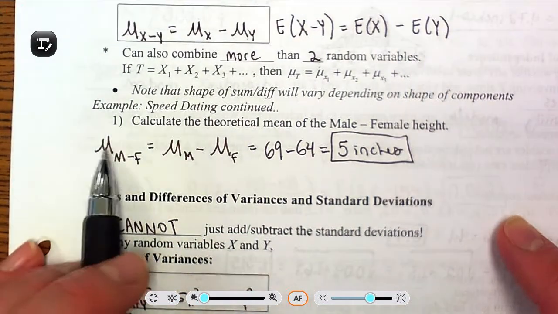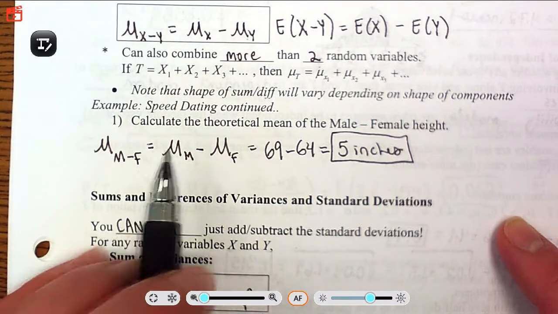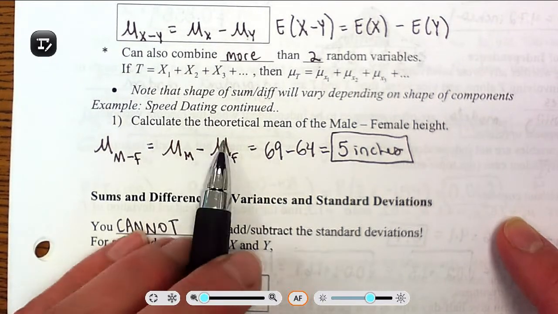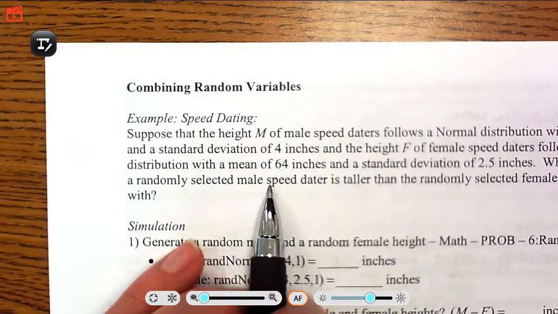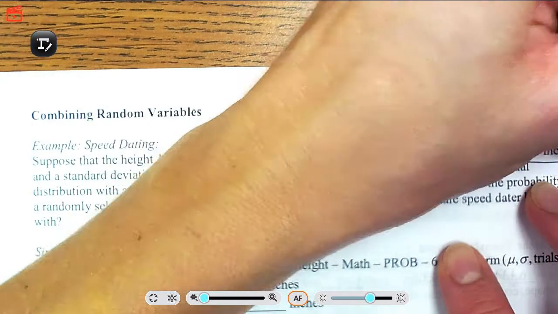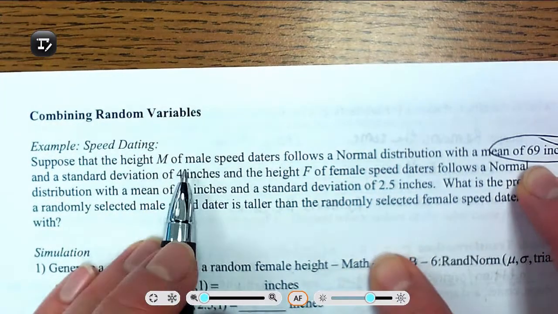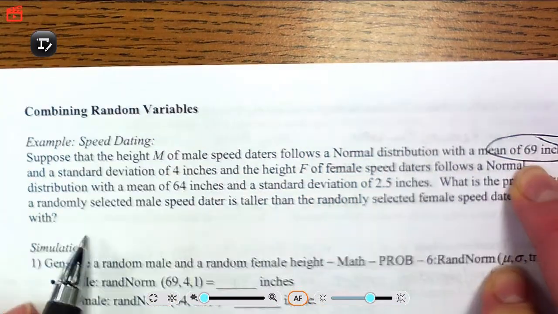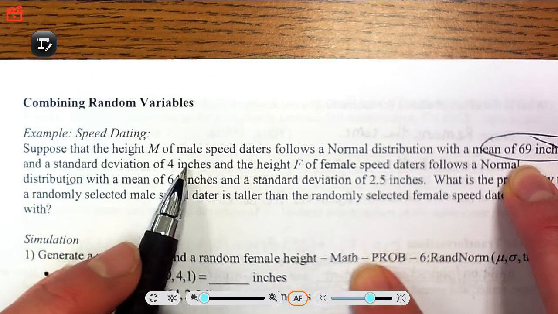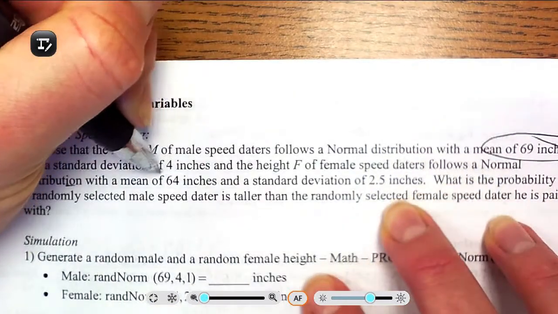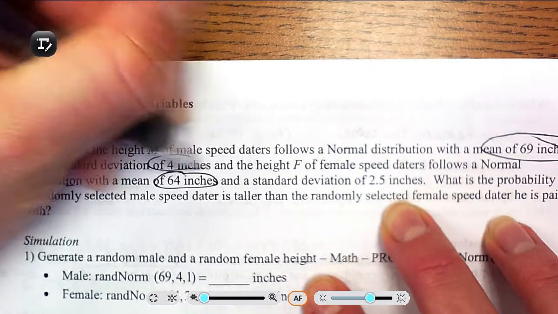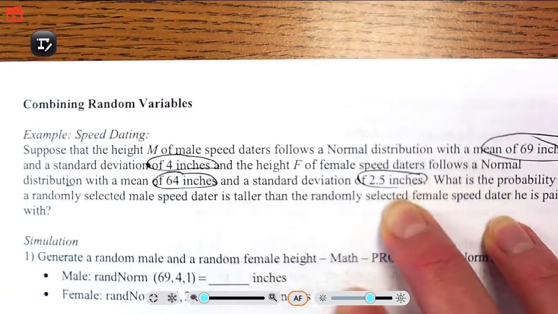So mean of male minus female height is mu male minus mu female. Now, in this speed dating exercise that we're going to skip over here, we said that a male has a height of 69 inches and a female has a height of 64 inches. Okay.